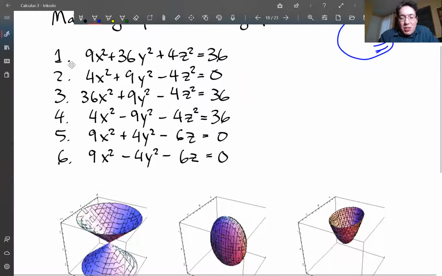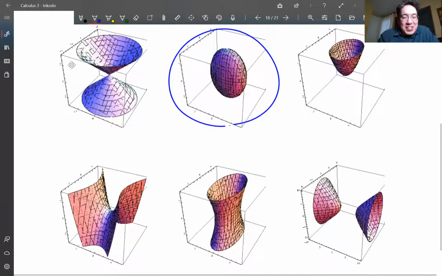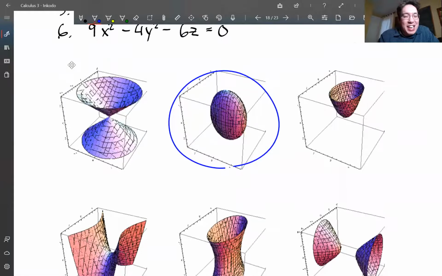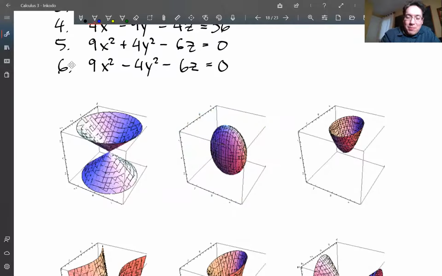So there's one picture here that's not quite a sphere, but it's like a squished egg, right? This thing is called an ellipsoid. Again, you don't have to memorize these names, but it's kind of good to know that they are names.